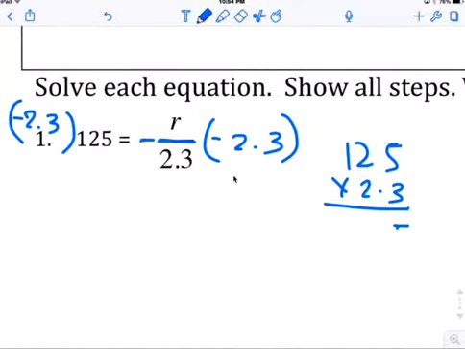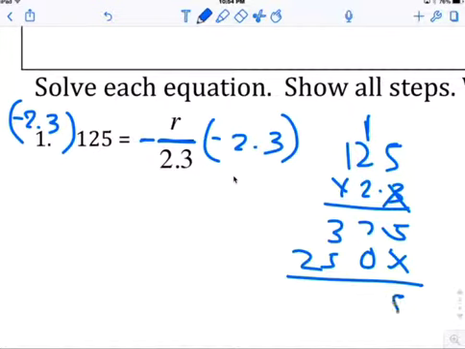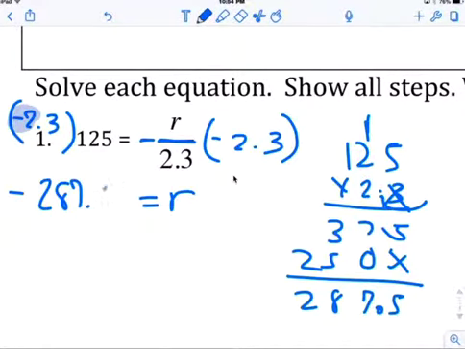Pretend the decimal's not there. Multiply, placeholder for the ones place. You're multiplying the tens place. You add them. 1 decimal over, 1 decimal in. So R is a negative because there's only one negative. Negative 287.5.